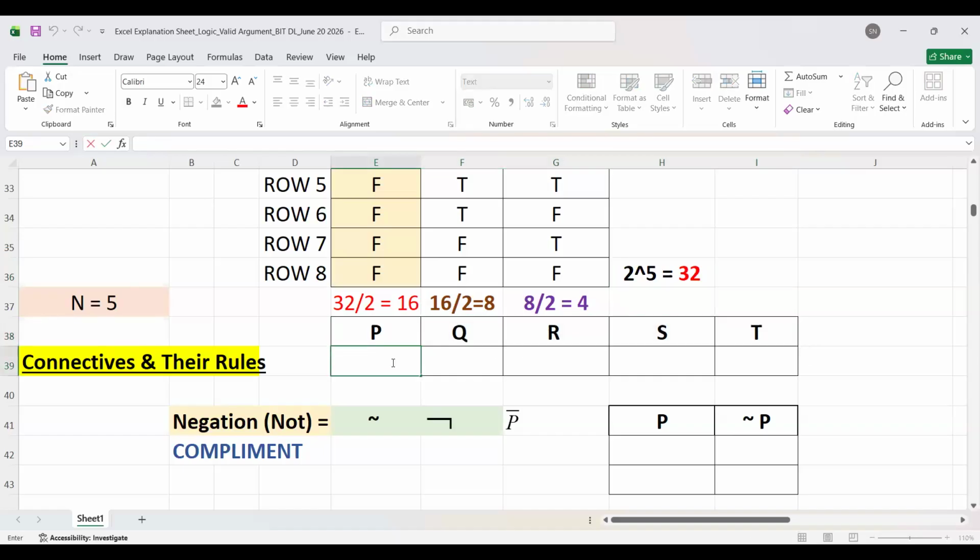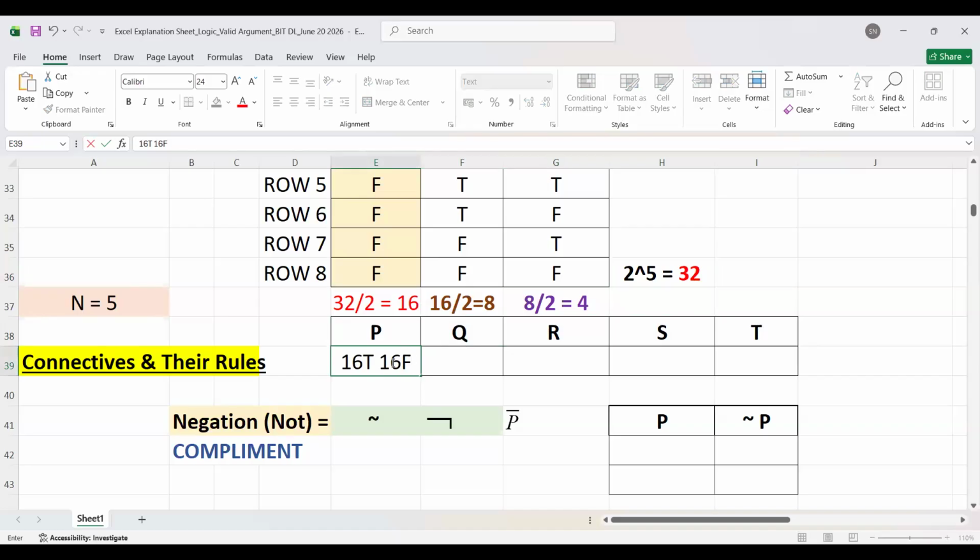How many truths will be for P? Just tell me the number. How many truths and how many false? Is it 8 or 16? 16. So the answer is 16. So 16 truths followed by 16 false.